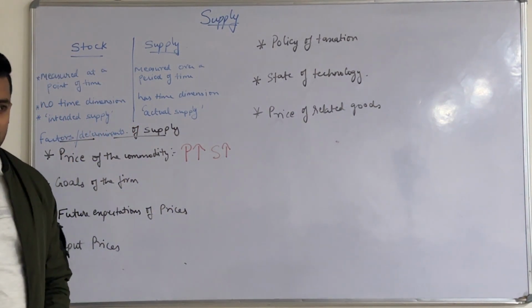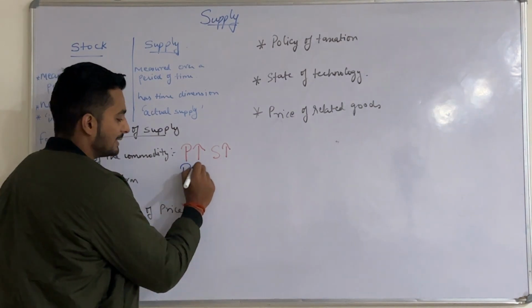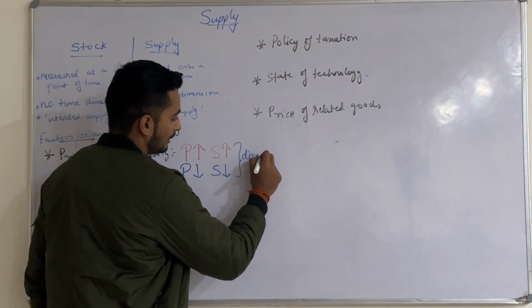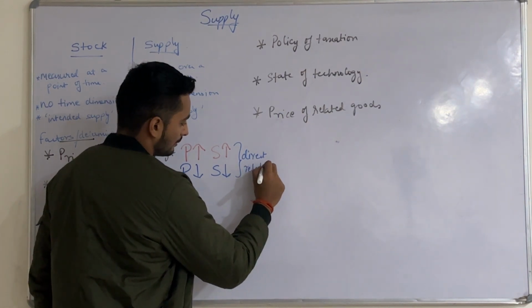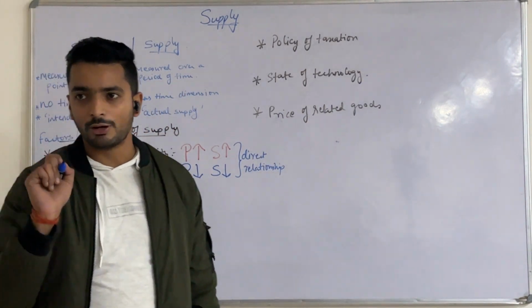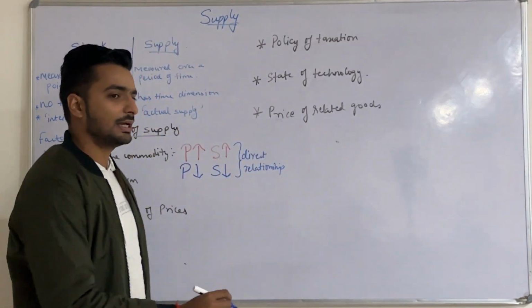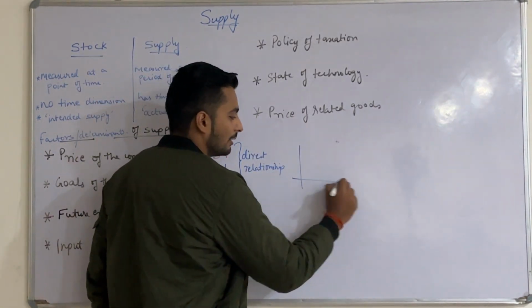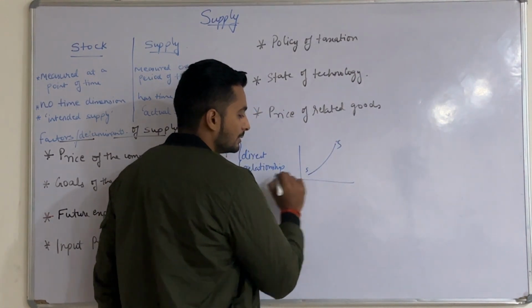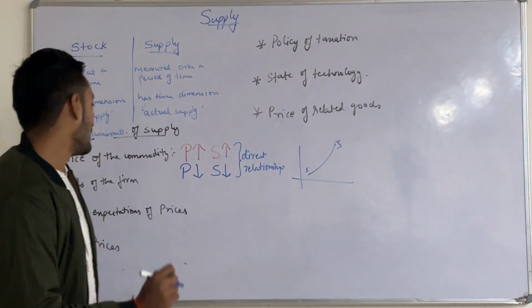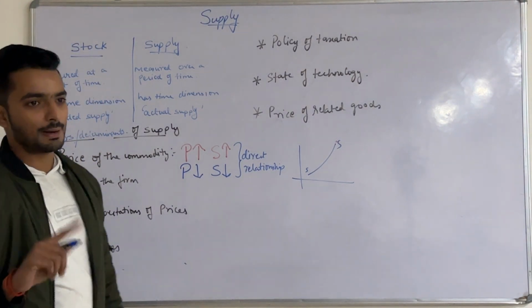When price increases, supply increases, and when price decreases, supply decreases, which shows direct relationship between price and quantity supplied. So in supply concept there is a direct relation between price and supply, and the supply curve will be upward sloping. Supply curve is what? Upward sloping.